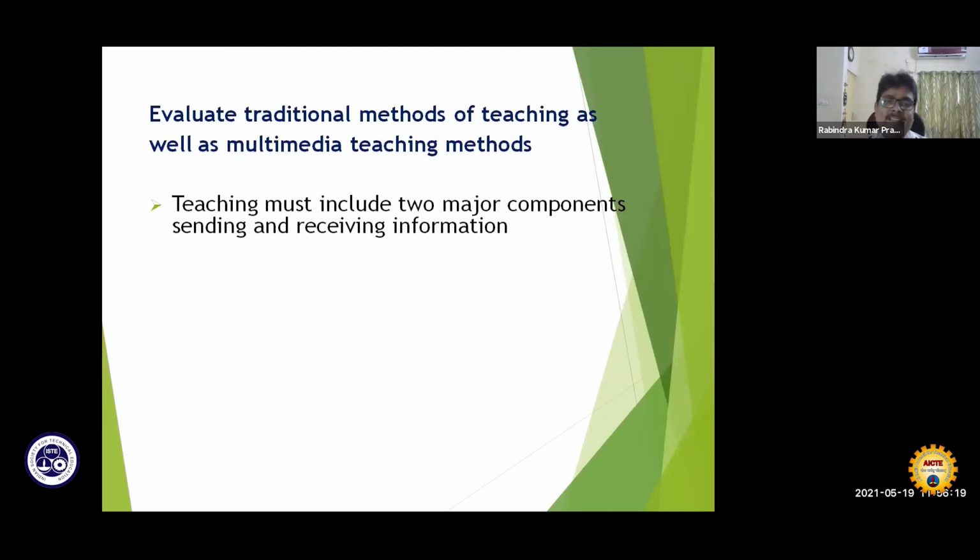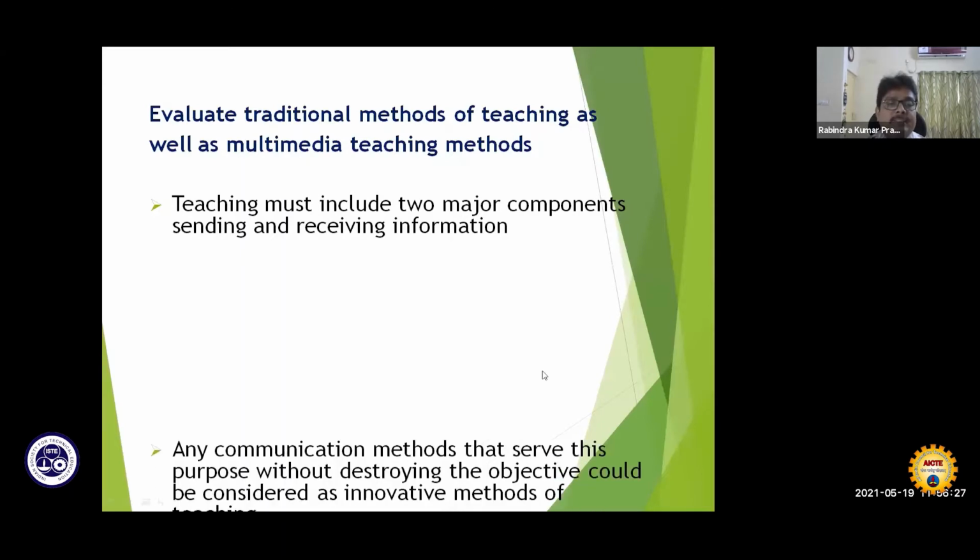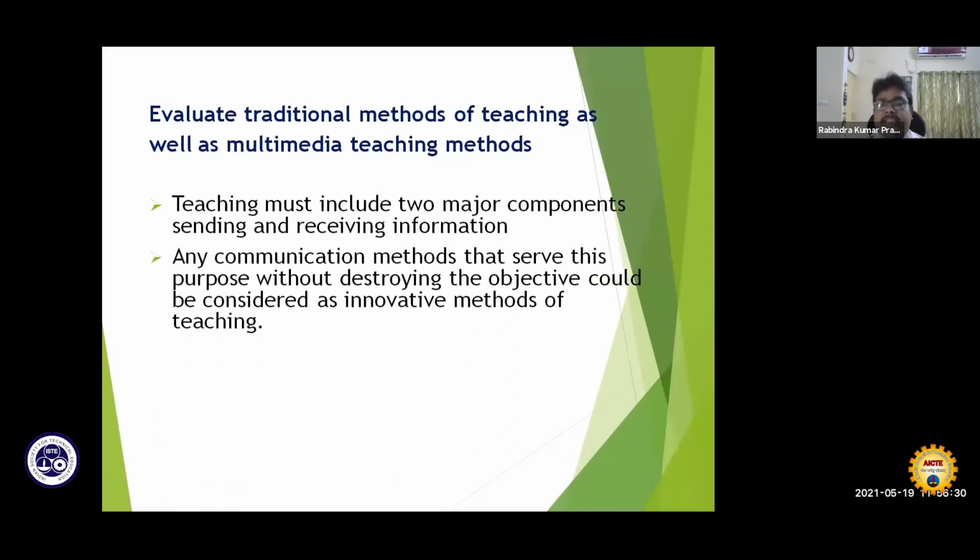The first one is teaching must include two major components. One is sending and receiving information. So communication plays a very important role in the process of classroom teaching. When the teacher delivers something and if the students do not receive it properly or meaningfully, the purpose of teaching is defeated.